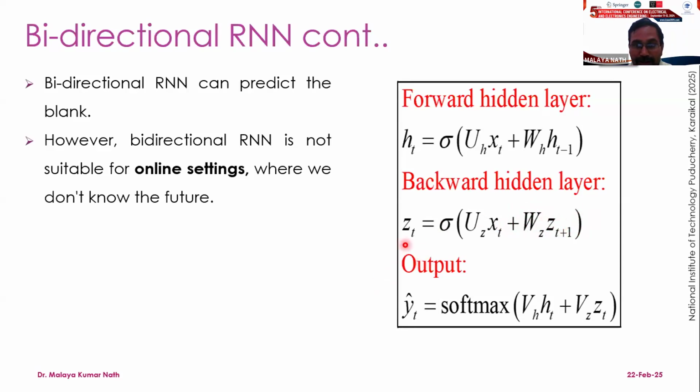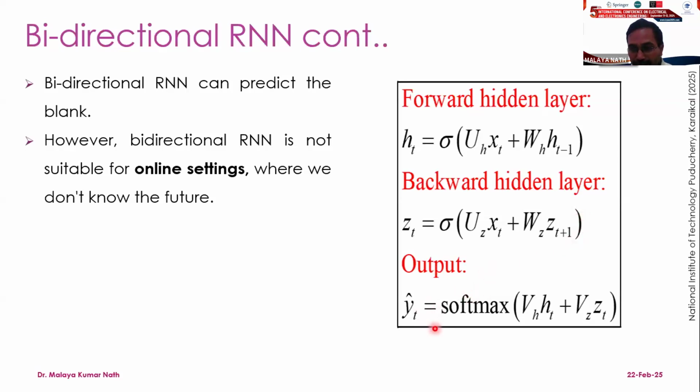Now, what will be the net output in the case of a bidirectional recurrent neural network? The predicted output can be obtained by softmax of V_h h_t plus V_z z_t. V_h is the weight associated with the hidden layer to the output in the forward direction, and V_z is the weight associated with the hidden layer to the output in the reverse or backward direction.